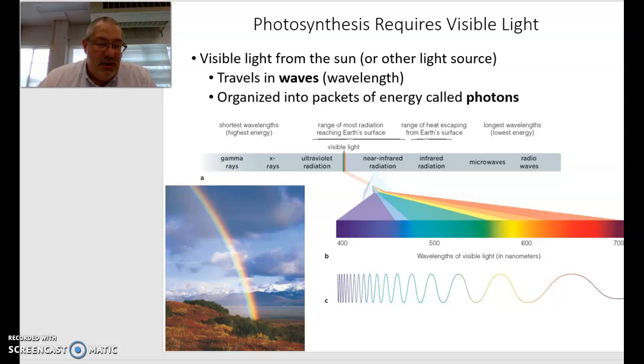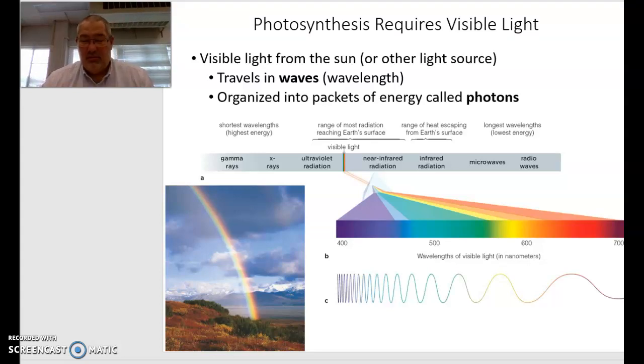Each of these forms of radiation travels, again, in a wave-like manner and consists of particles. And when absorbed, they can transfer energy called photons to the surface or substance that's absorbing this light.